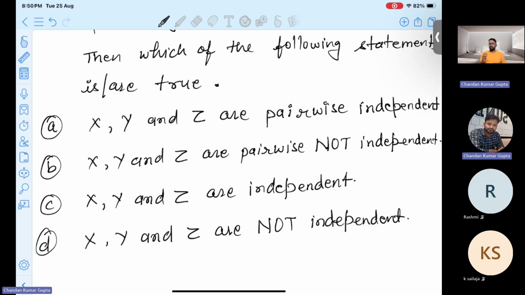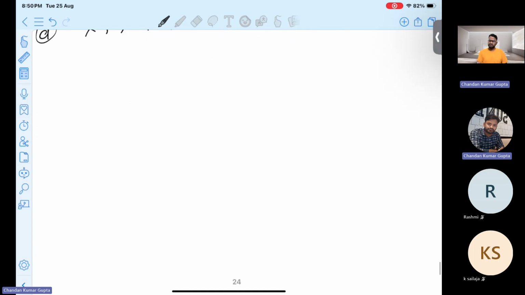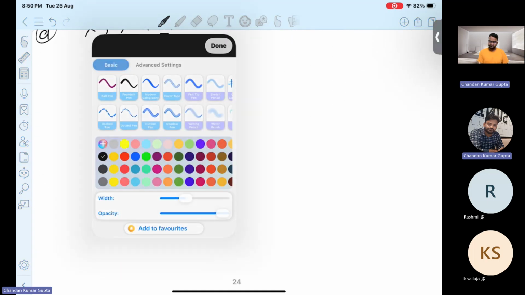So we have already discussed the meaning of independent and pairwise independent. For pairwise independent, all possible pairs must follow the rule of independence. And when we are talking about independent, then all the variables together must follow the definition of independence. So let's solve this question.